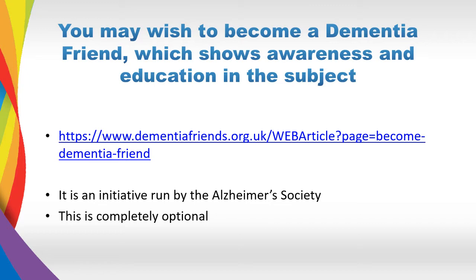And they actually send you out a little badge in the post as well. So if you do get employment or interviews in care work, you can show that you are a dementia friend, and you can show that you've got that little badge to prove it. It's quite a nice little thing, really.